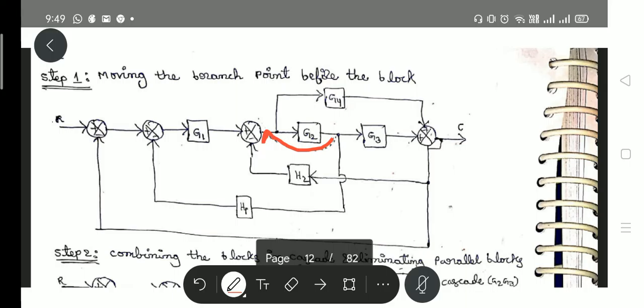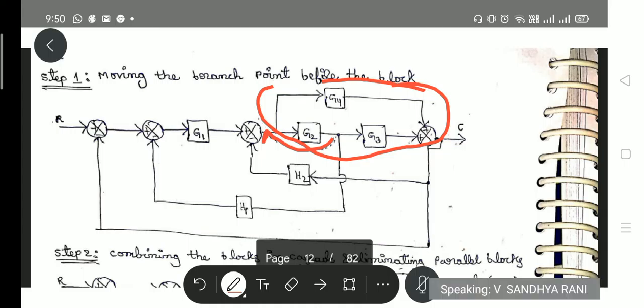What will happen? In the feedback loop, G2 and this are both in cascade and the whole block will be in parallel connection. So after moving this branch point to before the block, we can simplify this whole block.